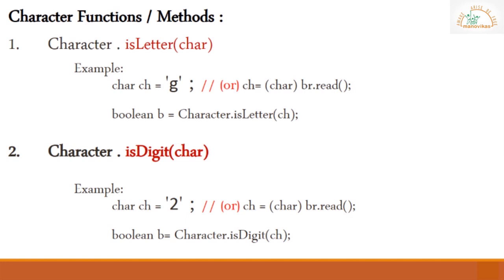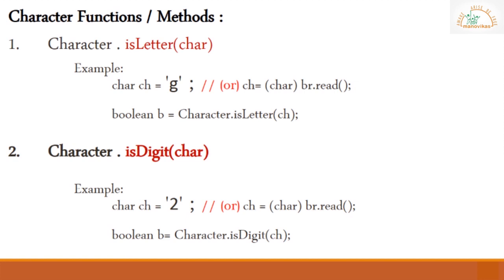Everyone knows true is a Boolean type of value. True and false both belong to Boolean type. Since the output is going to be true or false, my resultant variable, that is B in this case, is declared as Boolean type.